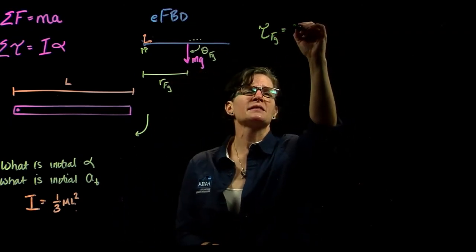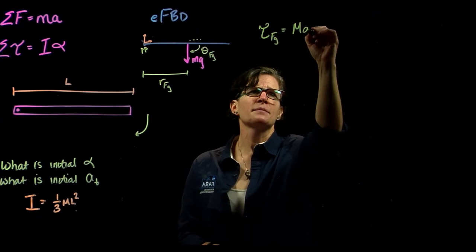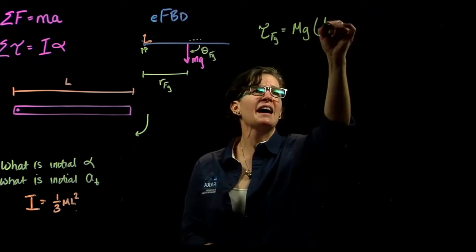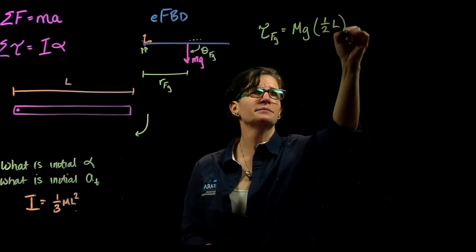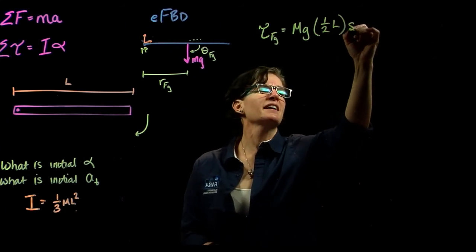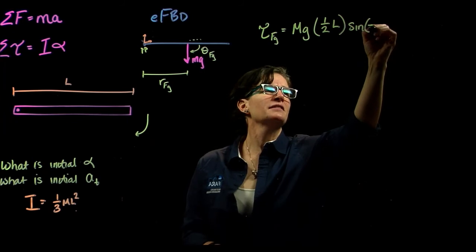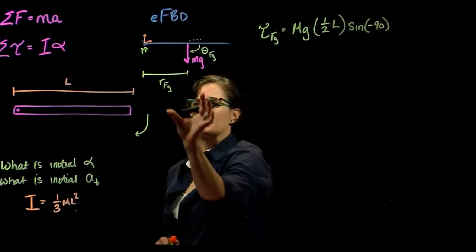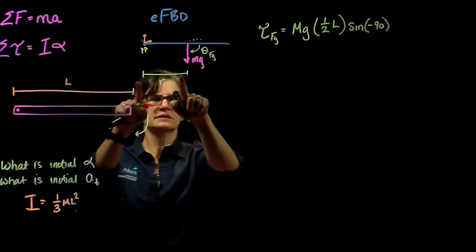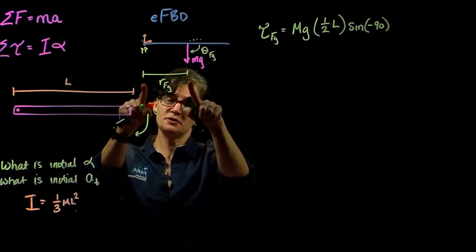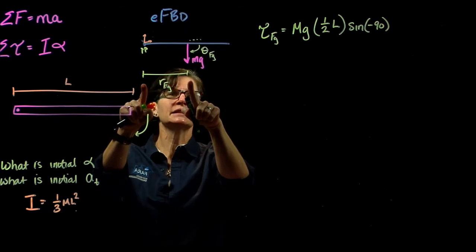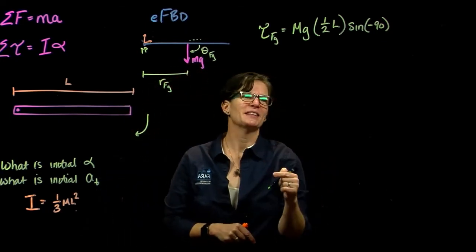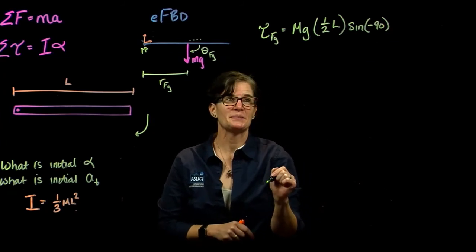We have the mass of the rod, m times g. The radius is 1/2 the length of the rod times the angle of negative 90 degrees. So my length of the rod is L. It's a uniformly distributed rod, so the geometric center is at 1/2 L. And we see that this angle, if the rod is purely horizontal, is negative 90 degrees.